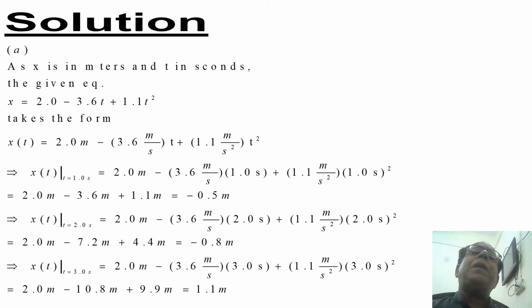What we have done, simply we have put the value of t as 2.0 second. So x(t) at t equal to 2.0 second becomes equal to 2.0 meter minus 7.2 meter plus 4.4 meter. After simplification, it becomes equal to minus 0.8 meter. Hence, x(t) at t equal to 2.0 second becomes equal to minus 0.8 meter.